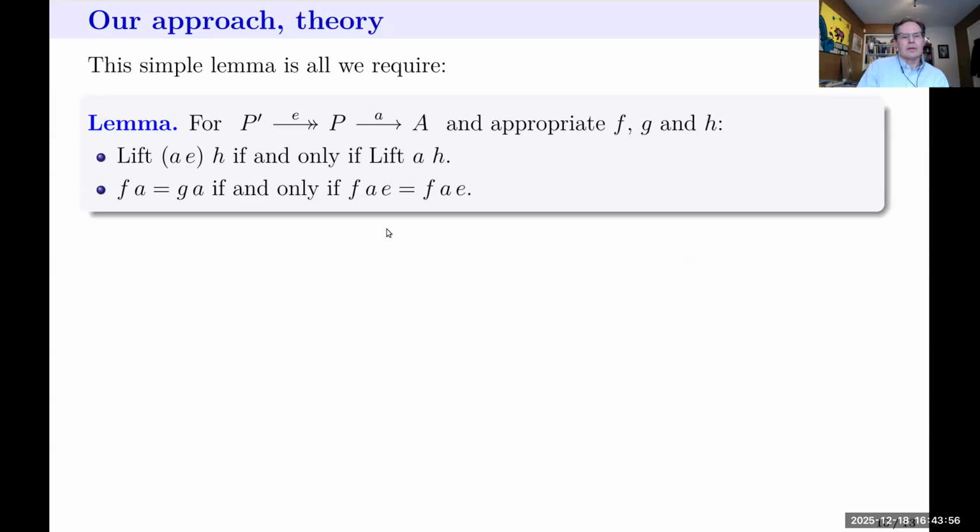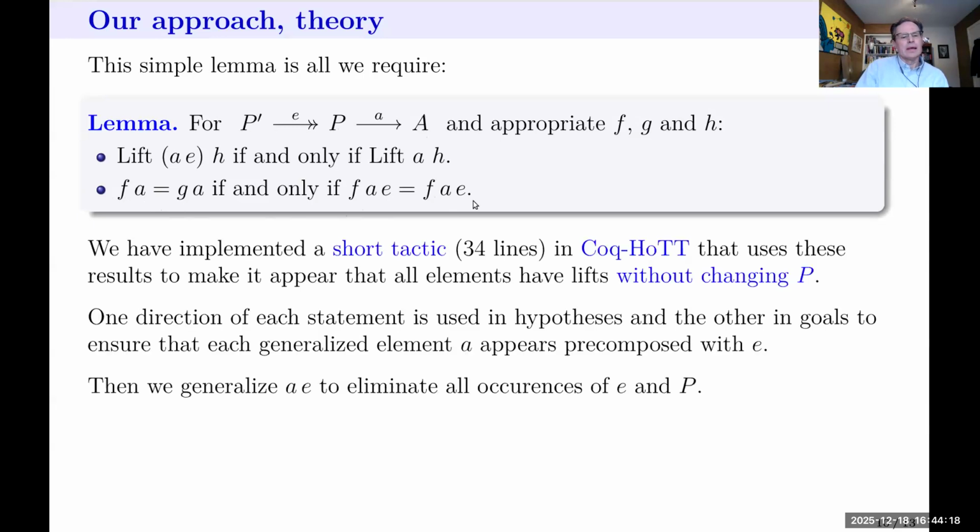So what we used was that when we have an epimorphism and a generalized element, lifting the composite is equivalent to lifting the original element. And we also use that when you've got paths between functions, that's preserved by precomposing with an epimorphism. And then it's a fairly simple tactic.